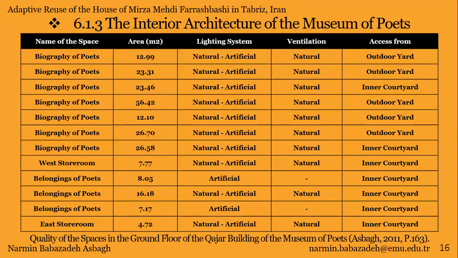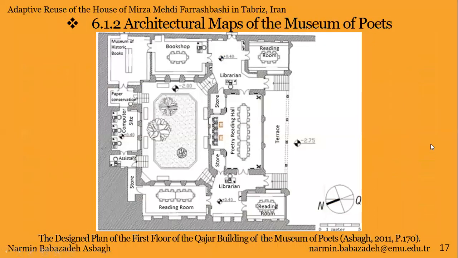For the quality of the spaces in the ground floor of the Qajar building, we have their area and their lighting system, either natural or artificial or both, and ventilation, and their access from outdoor or inner courtyard.